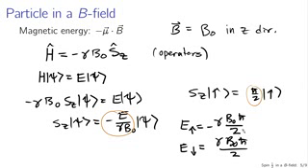Our stationary states, therefore, are just going to be our spin up and our spin down states, the same sort of states that we've been working with over the past couple of lectures. The energies associated with these states are now different since we are allowing them to interact with a magnetic field.